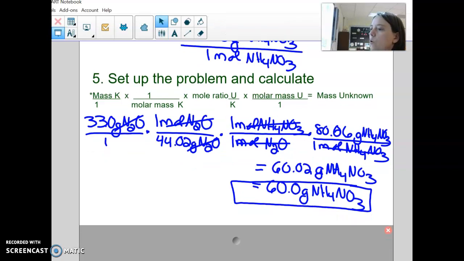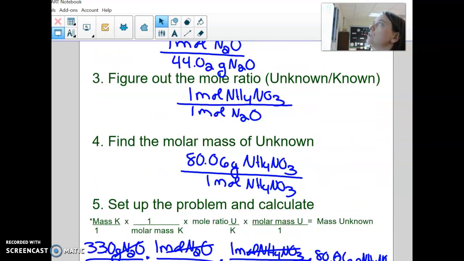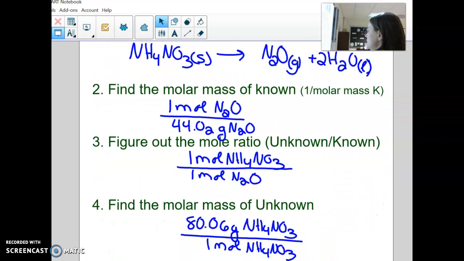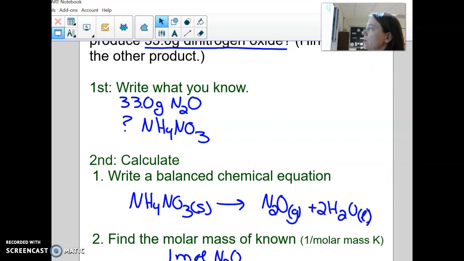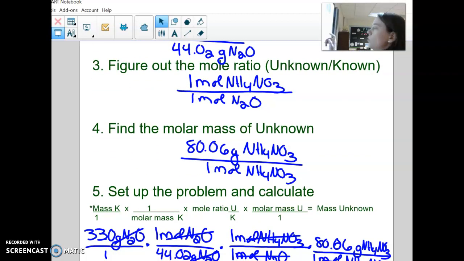All right, and of course, the next thing we need to do is check, did we answer the question? How many grams of ammonium nitrate? We did. All right, now, is it a reasonable answer? So let's see. 33 grams of dinitrogen oxide, and 1 mole is 44, so let's say about 3/4 of a mole, and it is a 1:1 ratio.